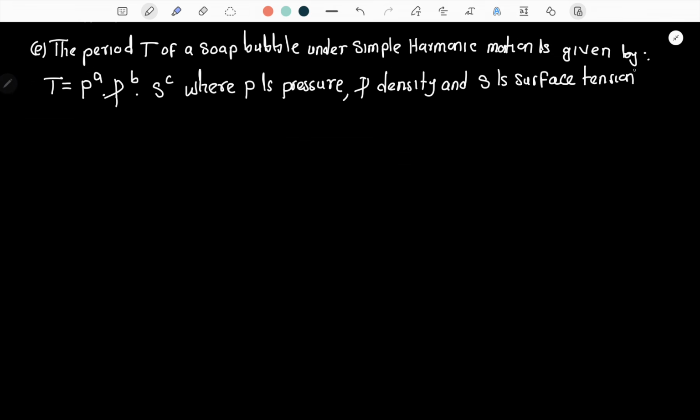I want you to see how this question is coming. Then they say find the values of A, B, and C. Okay? So these are serious complex questions that you are going to be solving. So let's do the solution.